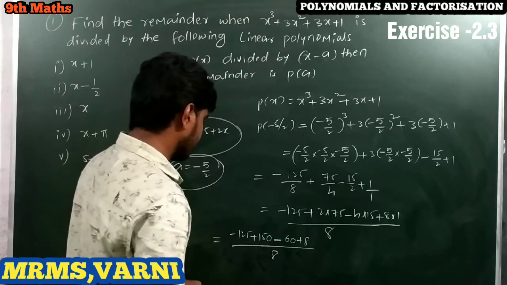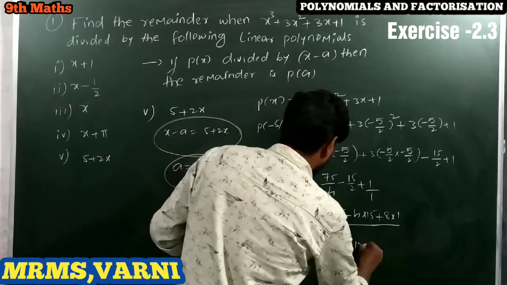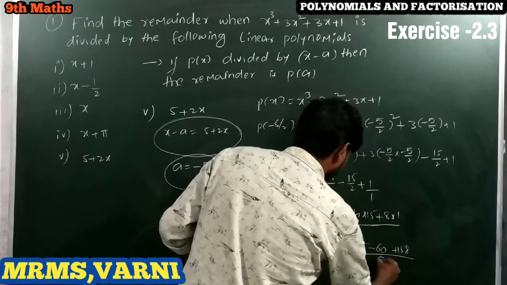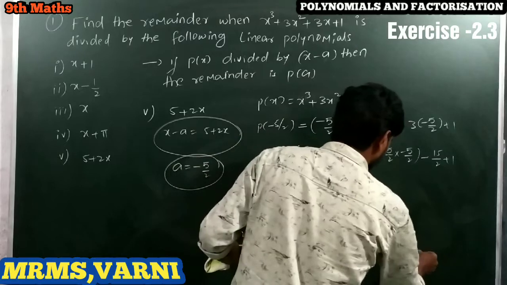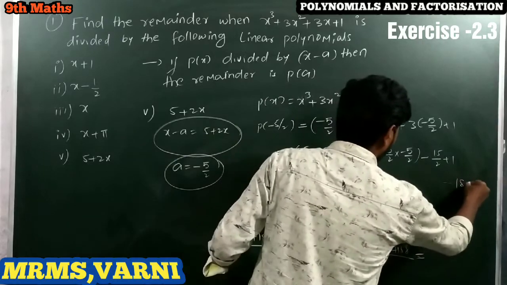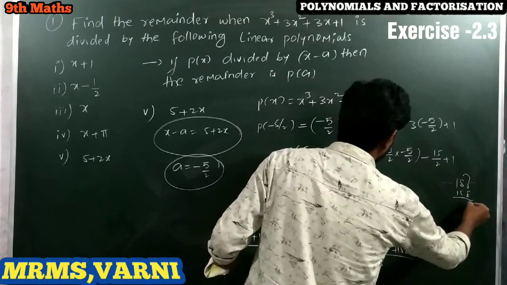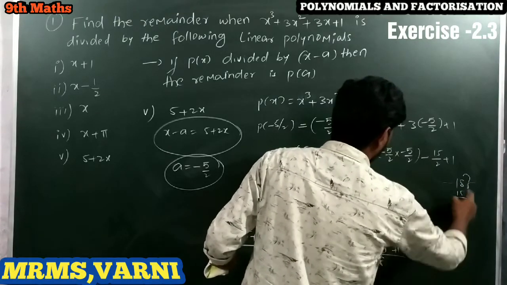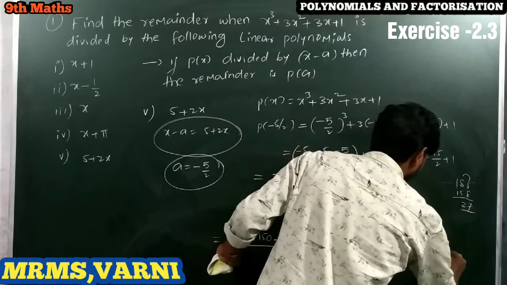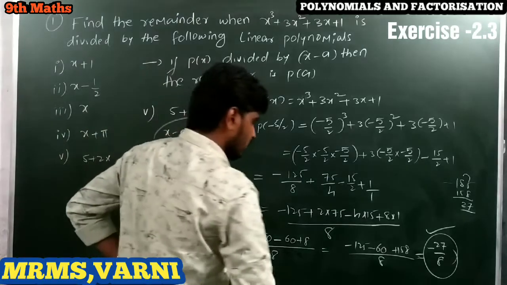So here it is minus 125 minus 60 plus 158 by 8. Nothing but minus 185 plus 158. So how much is it? 185 minus 158, 15 minus 8 is 7, and 7 remaining, 2 minus 27. So minus 27 by 8 is the remainder. What is the answer?